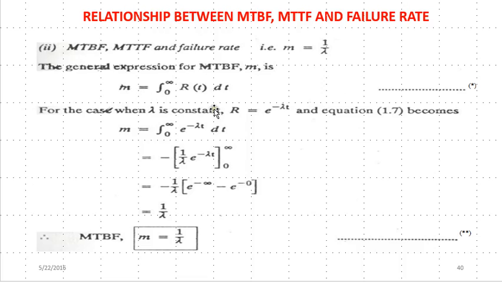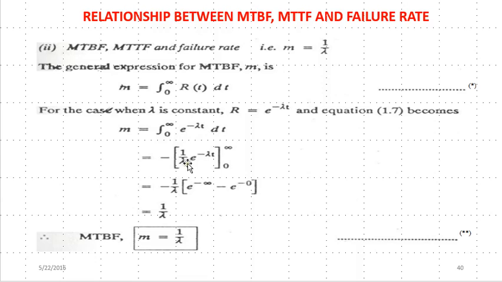My m is the integral of reliability with respect to t from 0 to what? Infinity. Now, what is my reliability? It is exponential minus lambda t. Putting it here, integrating exponential, I leave it as it is, but I will divide by the derivative, which is minus lambda, 1 over lambda.